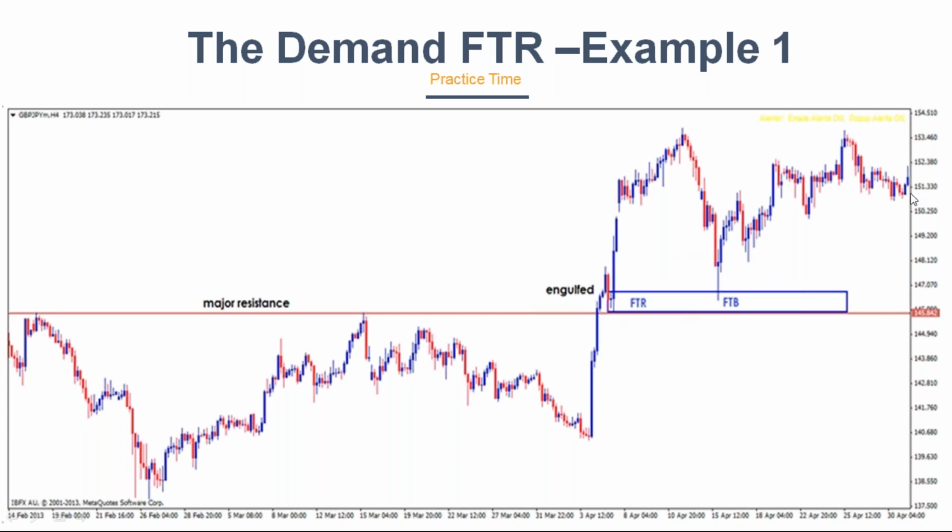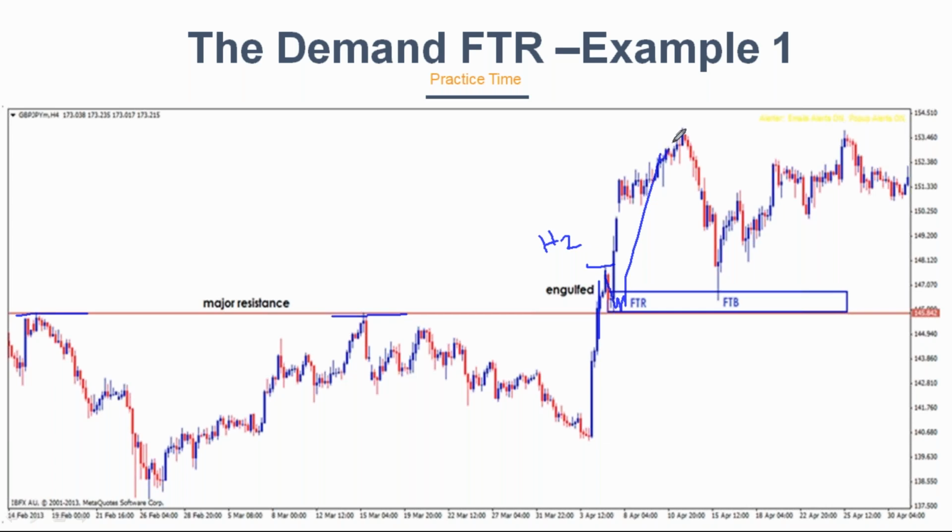Now, here is the example. Let's see what is happening here. Let me take a marker. There is a major resistance here because it touched 2 points, and then price broke this, formed a high H2, the second high, and then price came down, formed a base and retraced.